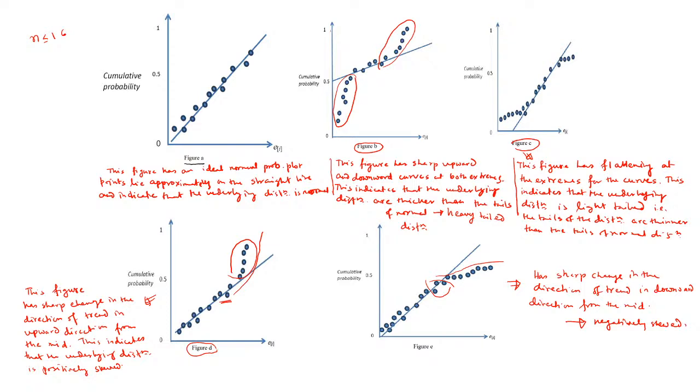Large sample sizes, when n is greater than or equal to 32, produce plots which are much better behaved. And n equal to 20 is required to produce a stable and easily interpretable normal probability plot.